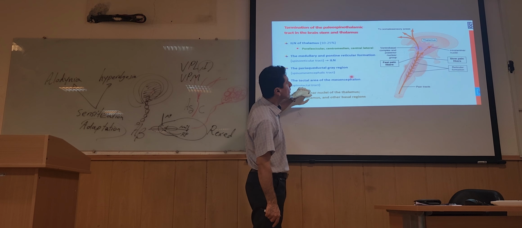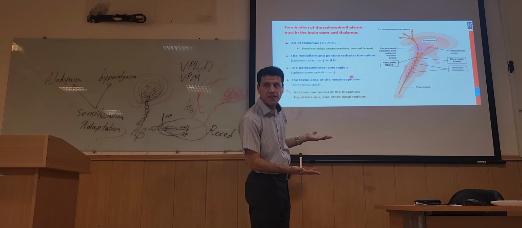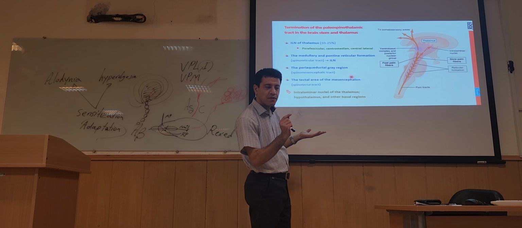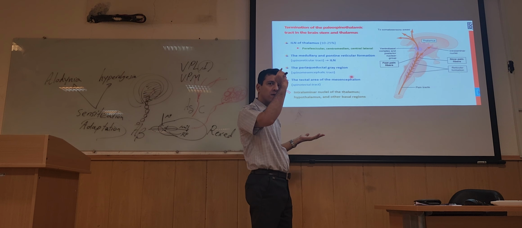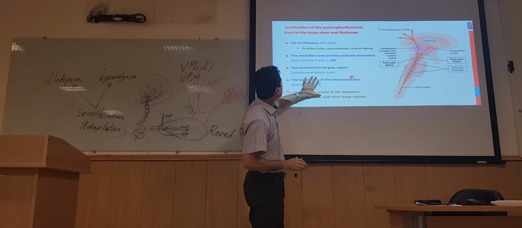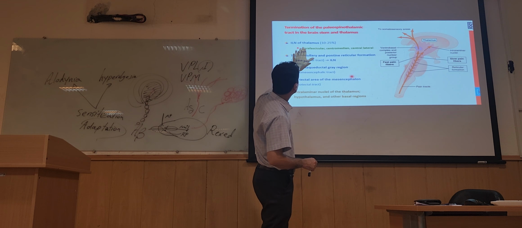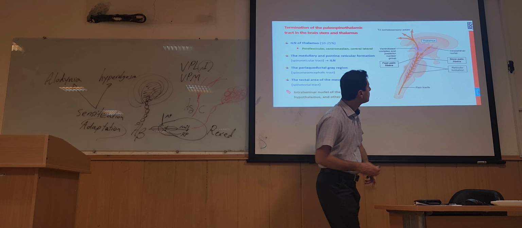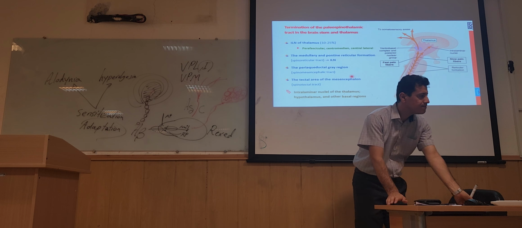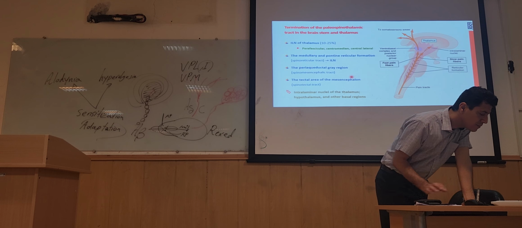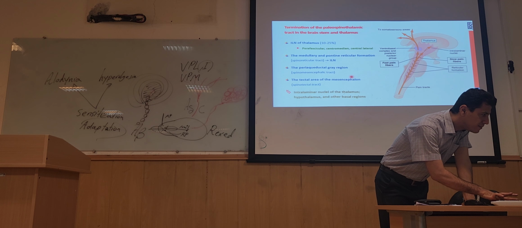All of them are part of the paleospinothalamic tract. Some go to the reticular formation of pons and medulla, others to the tectum, others to the PAG. Most go to the reticular formation, and a few go to the thalamus. Got it? Simple.